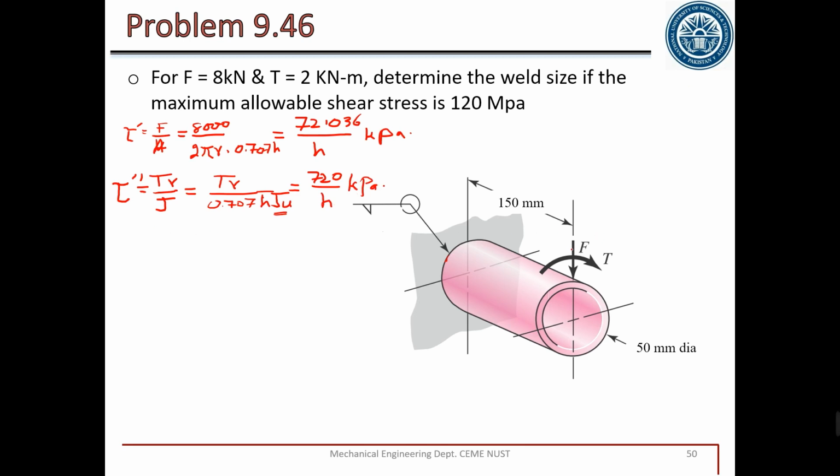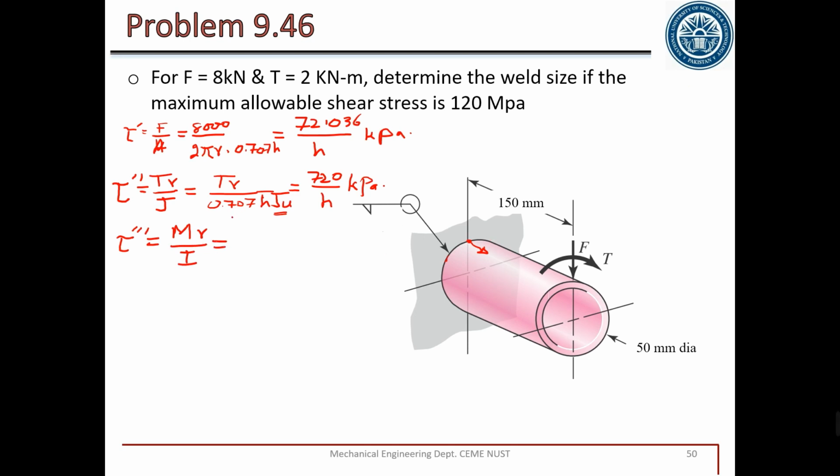The third part: this force is also causing a tertiary shear on this surface. In simple words, it is bending. Why is it bending? Because due to this force, this point of the cylinder will try to come out of the plane. So the equation of tertiary shear is MR by I, and the value of M is F multiplied by the moment arm.